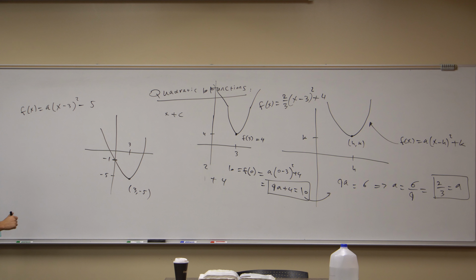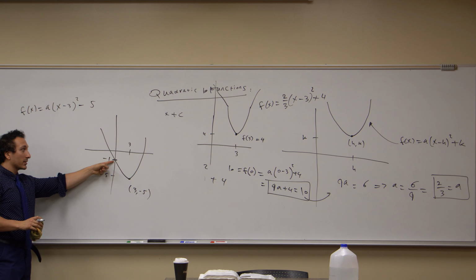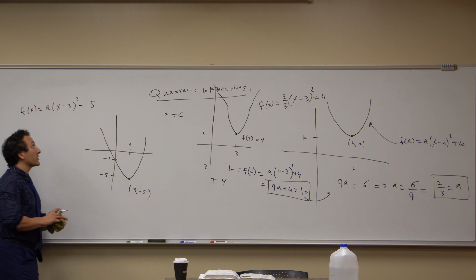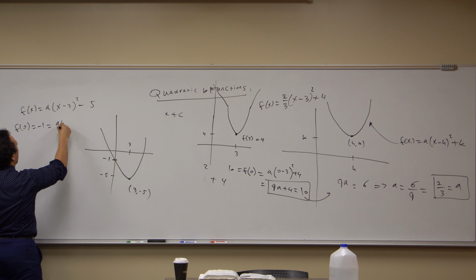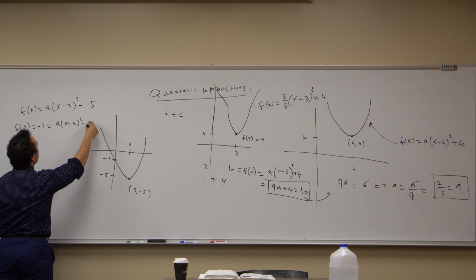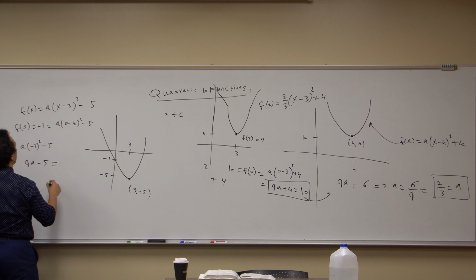Now, I want to evaluate the function at 0 because I know it crosses negative 1 at 0. So f of 0 is negative 1, which is a times 0 minus 3 quantity squared minus 5. This gives me a times negative 3 squared minus 5. This is 9a minus 5 is equal to negative 1.